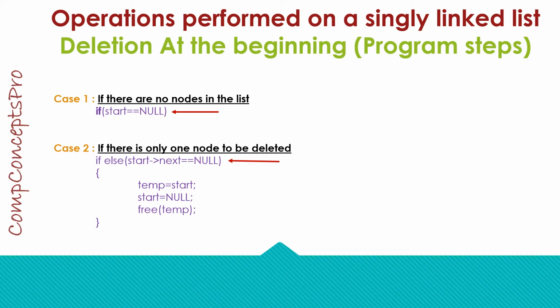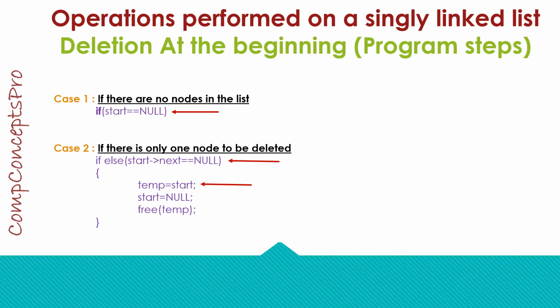In that case, first we'll assign a temporary pointer the same address value where our start pointer is pointing to, which means this temp will also point to the first node, which in this case is the only node of the list. Now, how we declare these pointers, these steps I have already discussed in my first video.